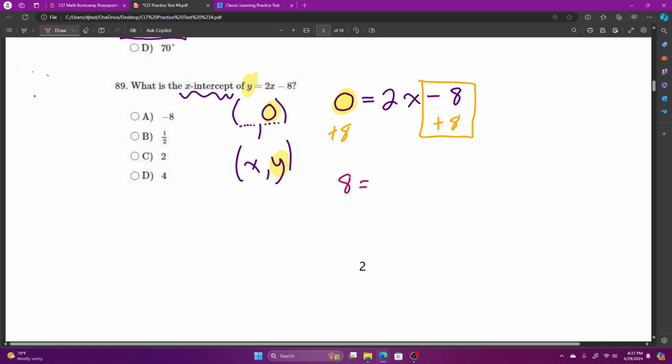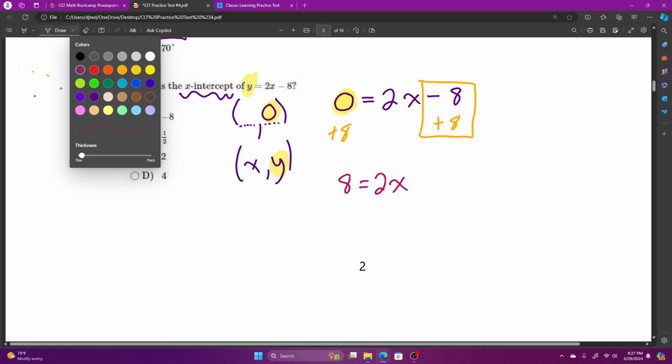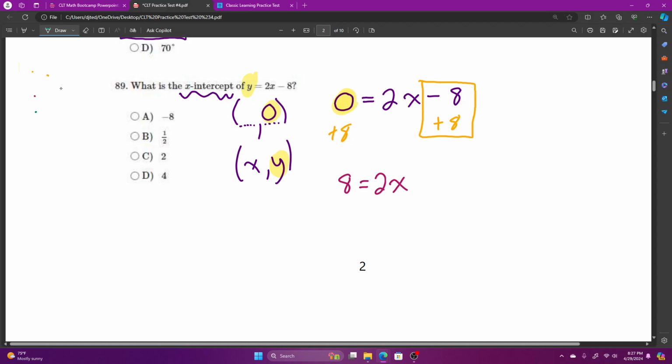Bring down the equal sign, bring down the 2x, and like we said, minus 8 plus 8 cancels to 0, so that doesn't need to come down.